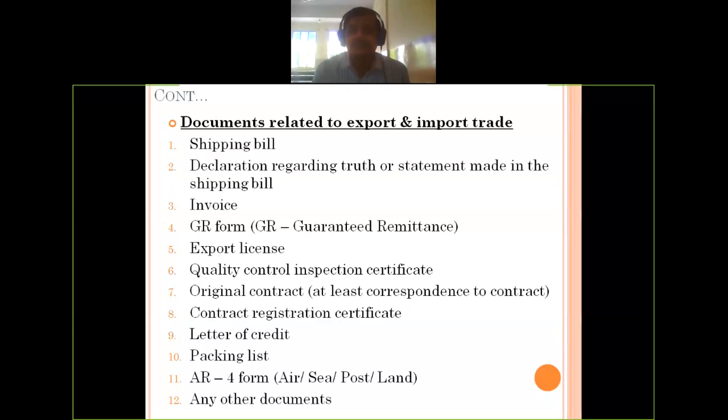Yes, the question is going to get raised, sir, what kind of declaration about the shipping bill do we need to give? Basically, two different declarations are required. One is from the company who is exporting, that the shipment activity is taking place on so and so date. The shipping bill needs to be attached or enclosed with that.